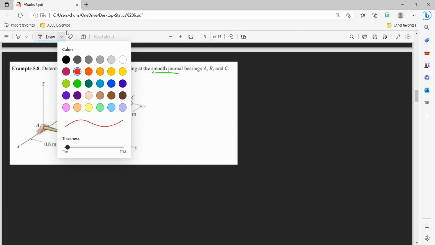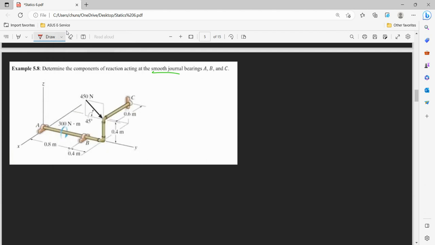So because of that, let's start drawing some reactions. We can't move our A in the Z direction, we can't move it up, and we can't move it in our X direction, but we know our pipe can still slide back and forth in our Y axis.